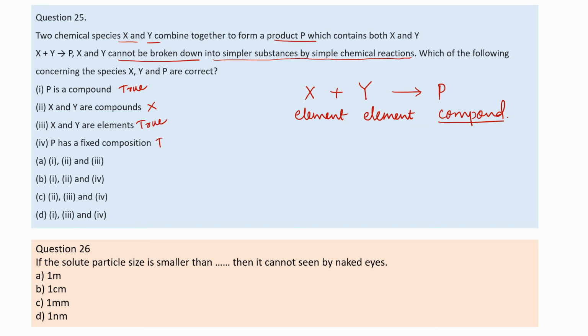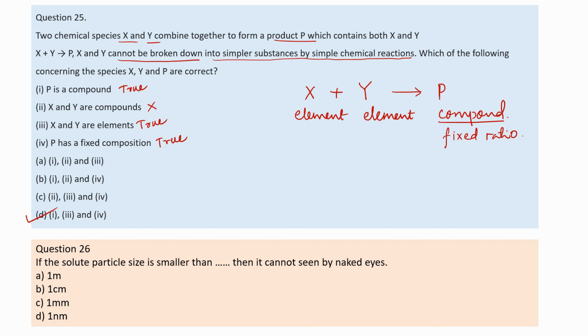Yes, this is also true. Whenever a substance is a compound, it is made up of a fixed ratio of reactants and its composition is fixed. So the fourth option is also true. Here the first, third and fourth options are correct for this question. So option D is correct.